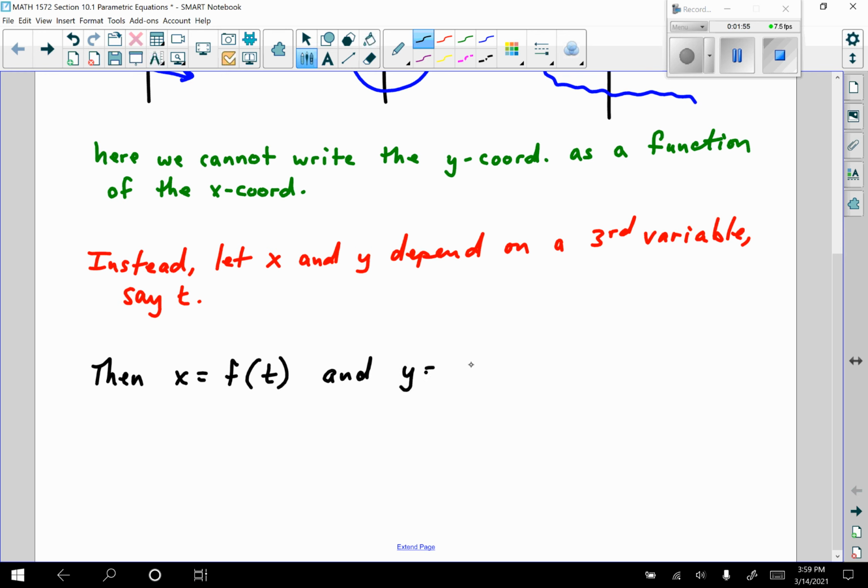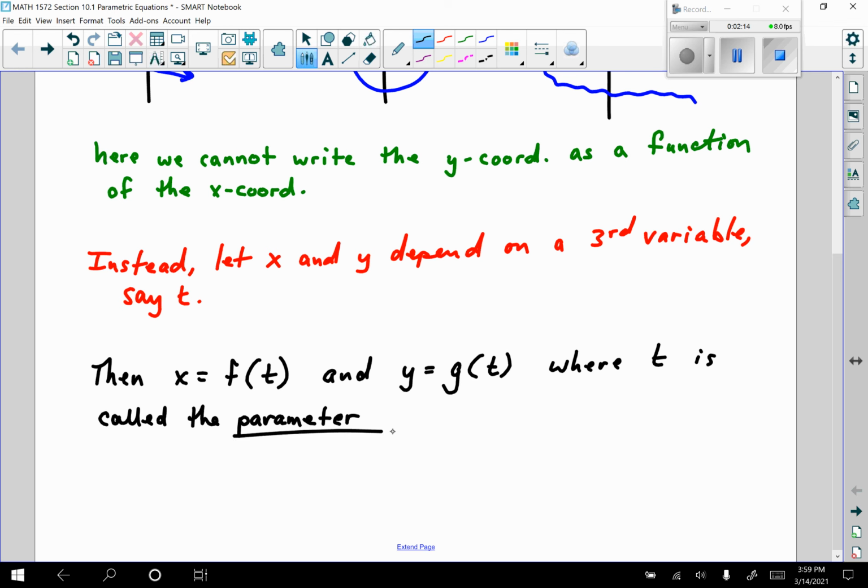And y would be some other function of t. We could call it g of t, where t is called the parameter. And the group of equations are called parametric equations.